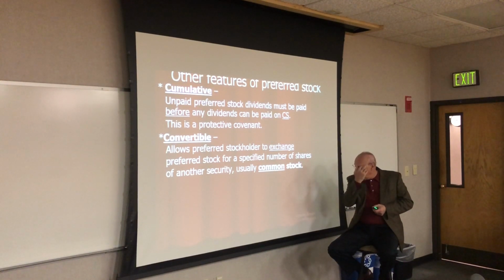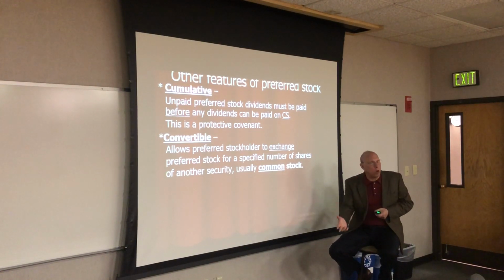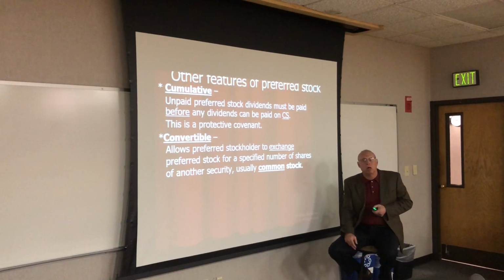And so sometimes people will like to buy the preferred stock to get the high dividend when a company is new or going through a tough period. And then once the company starts doing well cash flow wise, then you can exchange your preferred stock if you want. You don't have to. It gives you the right but not the obligation for common stock for you to get capital gains.